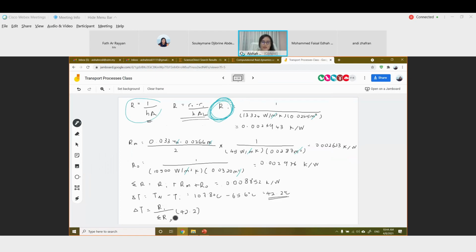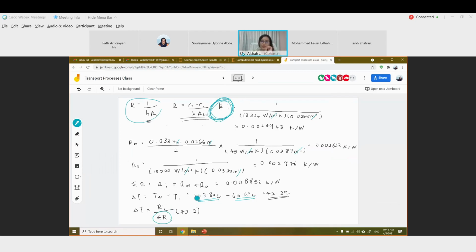Because this is considering the whole system, from the temperature of the wall all the way to the water, this takes into account the sum of all resistances.